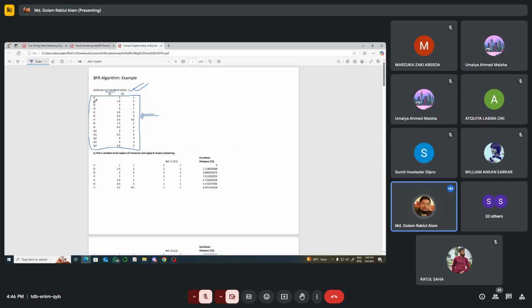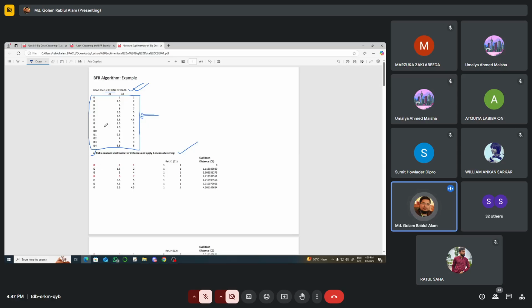Now we should pick the random sample of data points from here and then apply the k-means algorithm on that data set to find the clusters. So I just pick a random small subset of instances and apply k-means clustering.